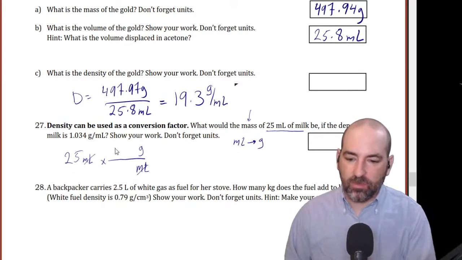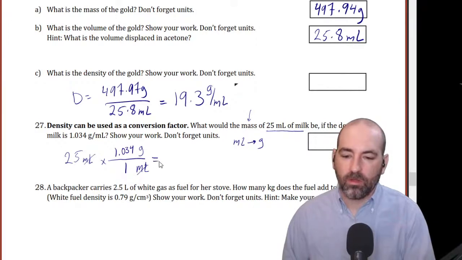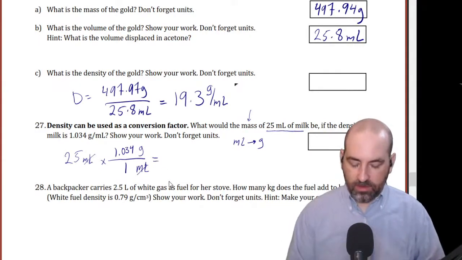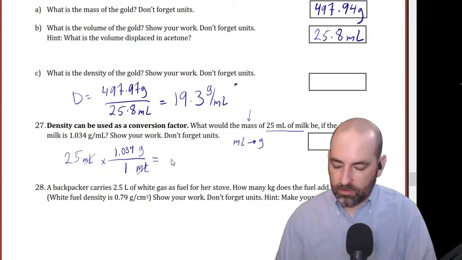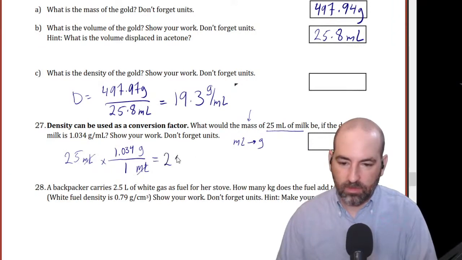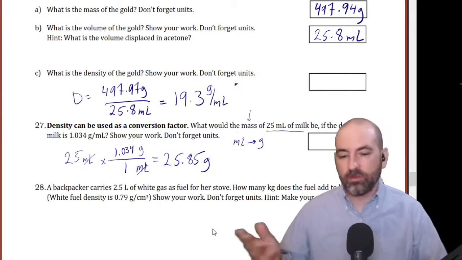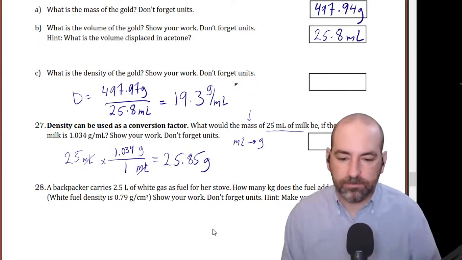The density is 1.034 grams per milliliter. And so then our answer for mass of milk would be 25.85 grams. We could round that up to 26 if we wanted to just keep the two significant figures.